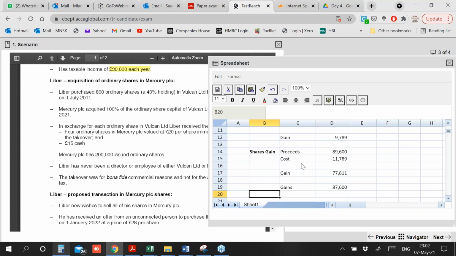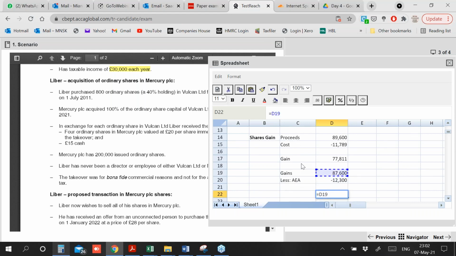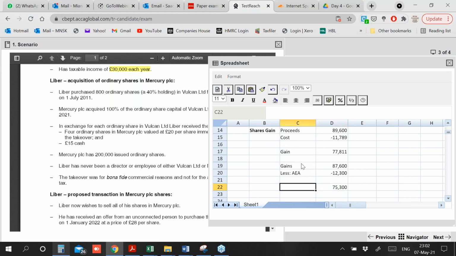This will be her total gains less her AEA, the annual exemption amount, which is 12,300. So her taxable gain will be this.